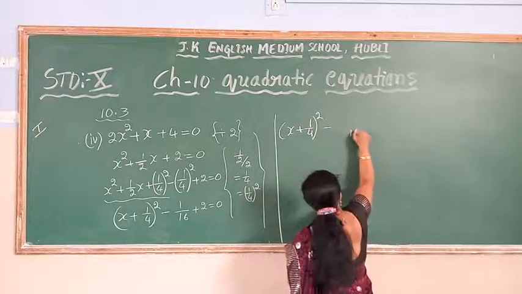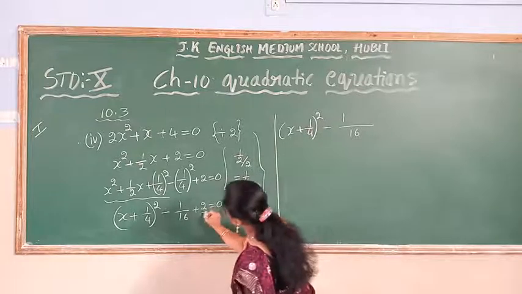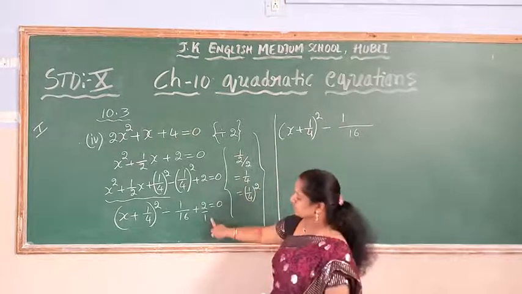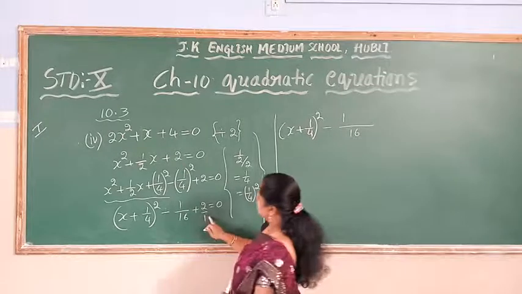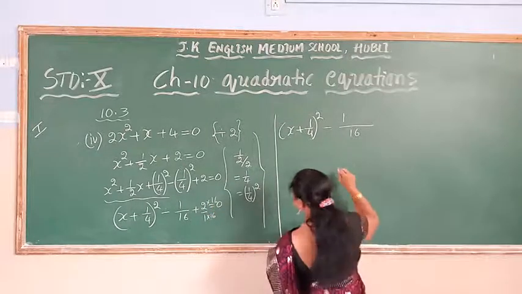Now if I equalize to 0, simplify this much: x plus 1 by 4 whole square minus 1 by 16 plus 2. Take the LCM. No number in the denominator means you have to understand that 1 is there. Then you take the LCM, multiplied by 16. 16 twos are 32.